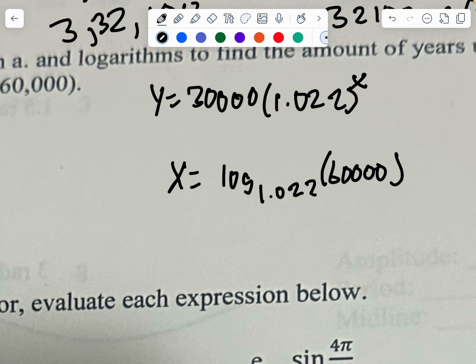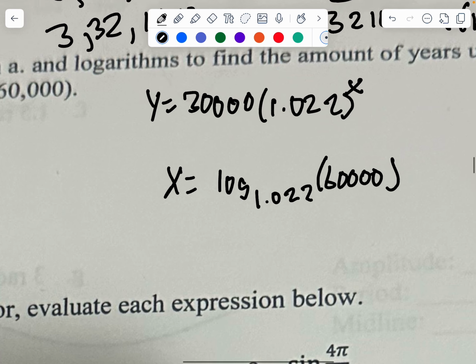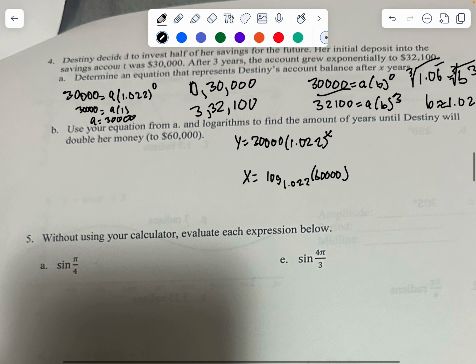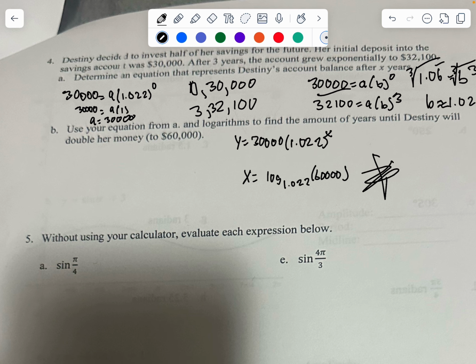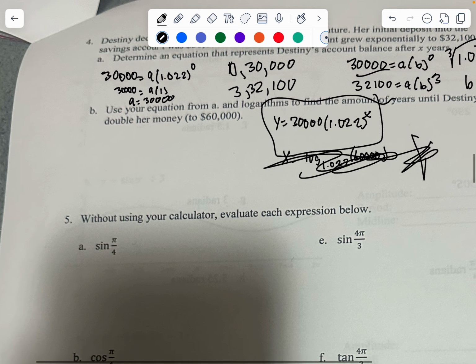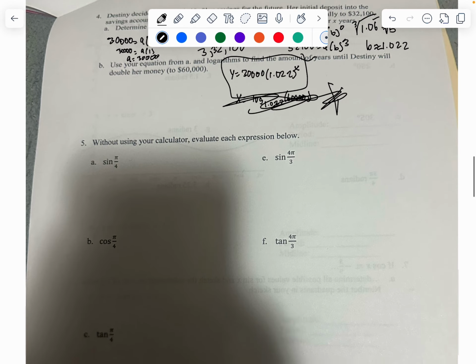Think. You know what? I'll teach you this one tomorrow too, because I have no idea how to do it. But this is your equation for number 4A.